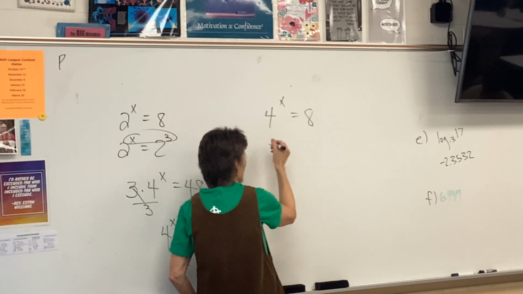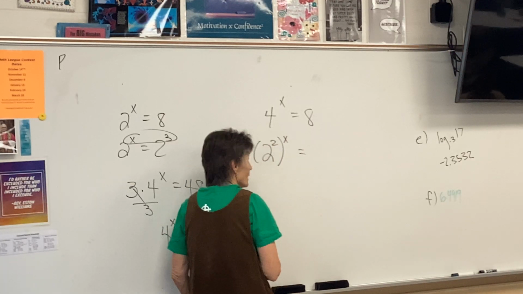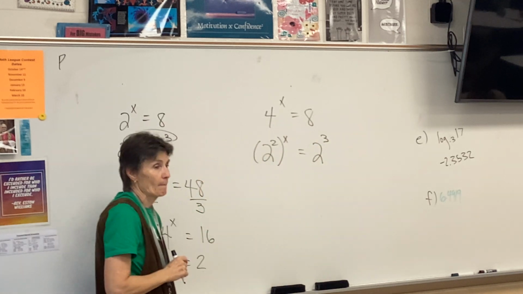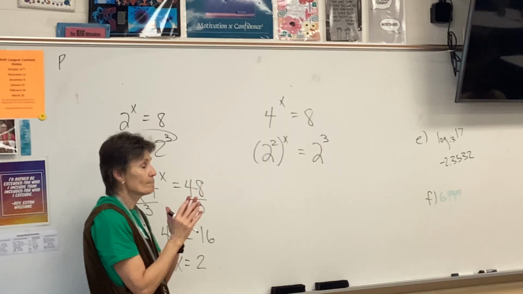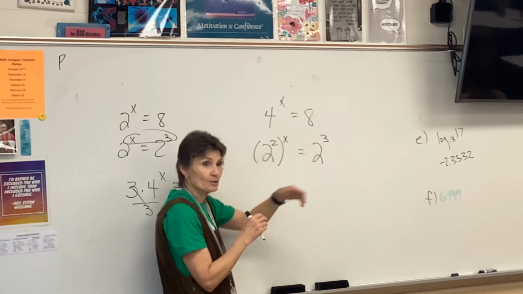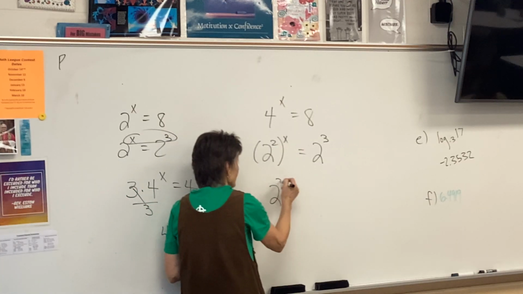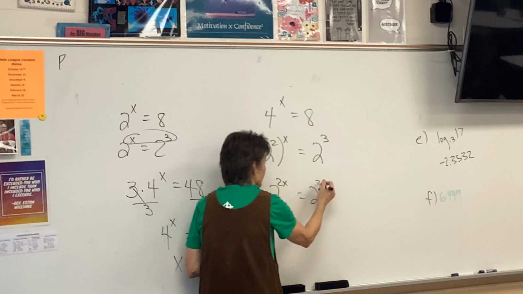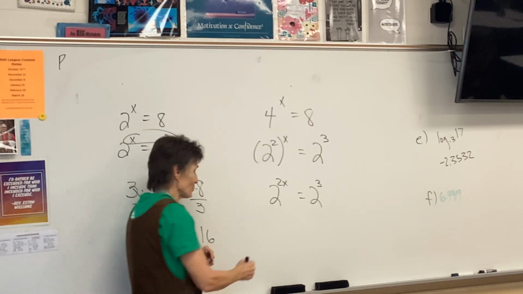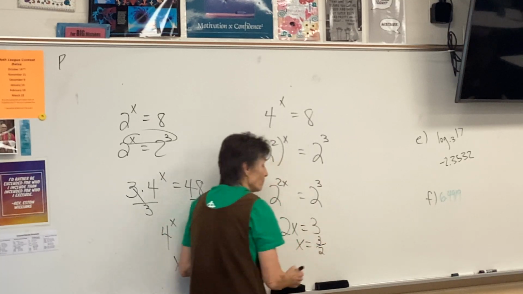So 4 is 2 squared. 8 is 2 cubed. So look at what I did there. I changed my 4 into 2 squared. And I changed my 8 into 2 cubed. These get multiplied. 2x equals 3, and x equals 3/2 or 1.5.